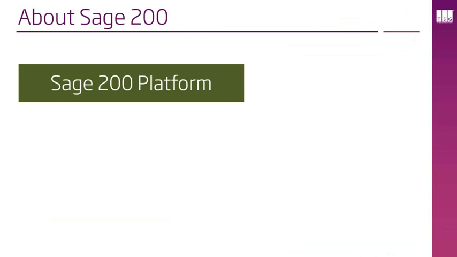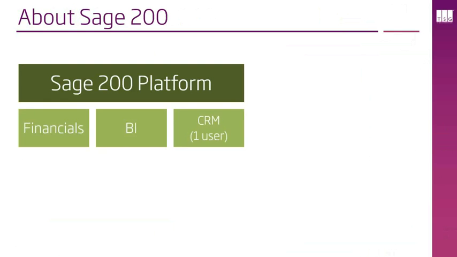So I spoke there about the integrated nature of 200, and this is really where it's fundamentally different to Sage 50. So in terms of how the product hangs together, what you get as a start is what we call the Sage 200 base platform, and what's included there are the financial modules, obviously, so sales, purchase, nominal ledger, cash book, something called business intelligence.